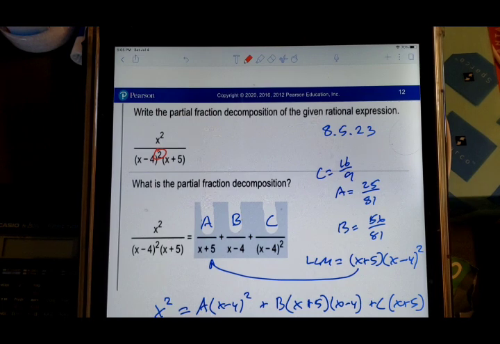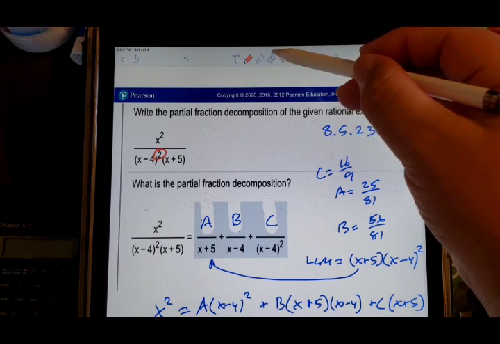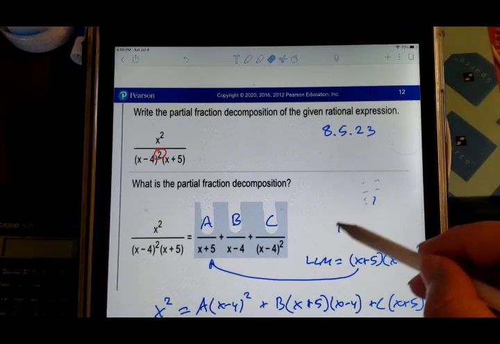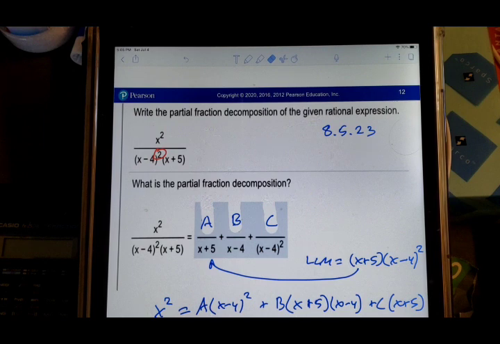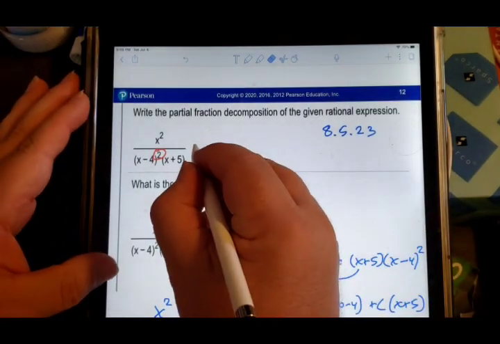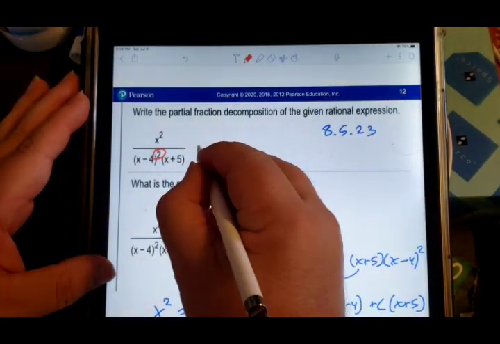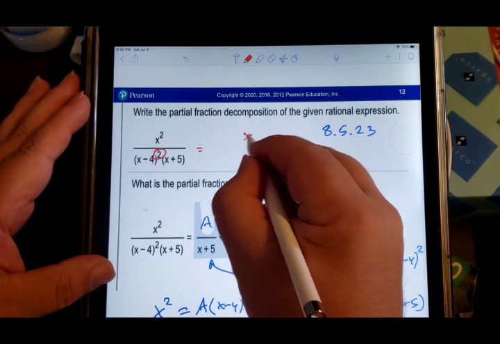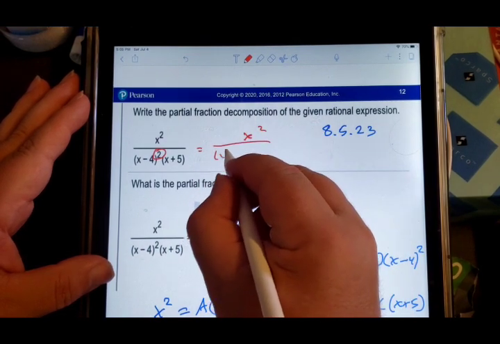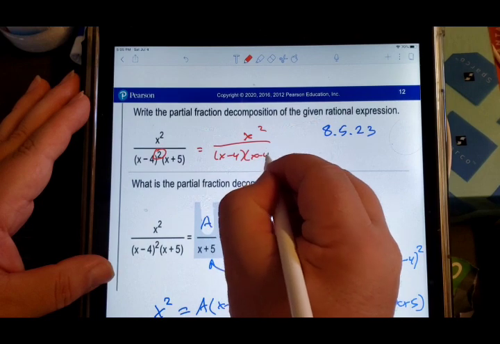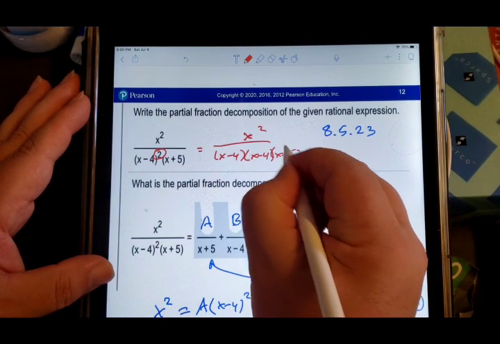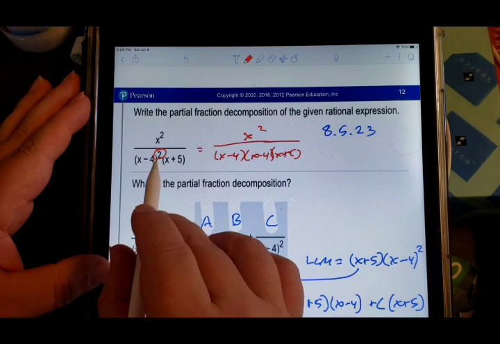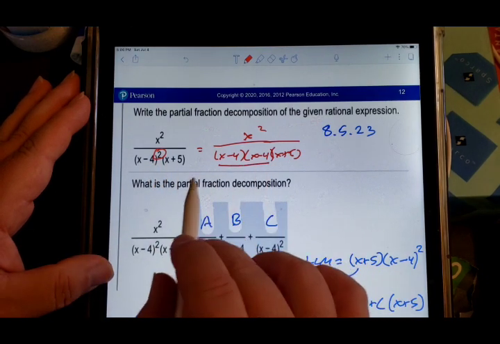When you have a square on a problem, it means that that is a repeated value. So I wouldn't want to think of this as x squared over x minus 4, x minus 4, x plus 5. I mean, it is, but I need to square it to capture that repeated value.